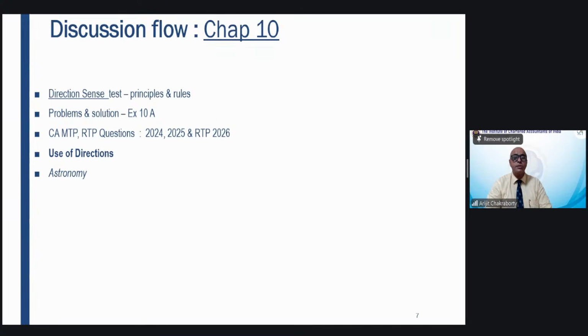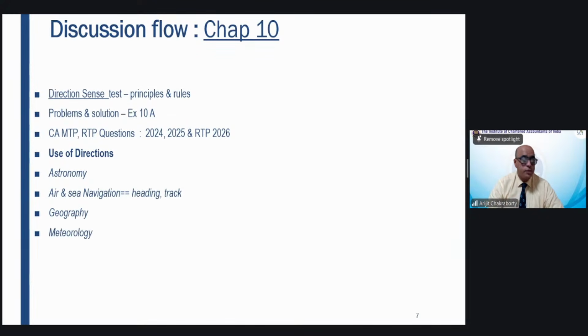Now direction test ka jo examples you get in astronomy, so north, south, east, west. Geography you have studied. Navigation, when a plane flies or when a ship passes through the ocean, air navigation, sea navigation में heading or track बहुत important होता है. What is the actual heading, the direction where you are supposed to reach, and what is your actual track.